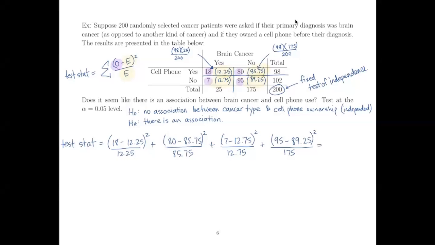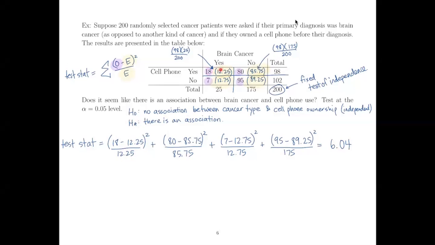So this test statistic works out to 6.04. Just to point out here, if the observed and the expected values are very far away from each other, it makes each of these terms larger, which results in the test statistic being quite large, and then having a small p-value, rejecting, and saying that there is an association.